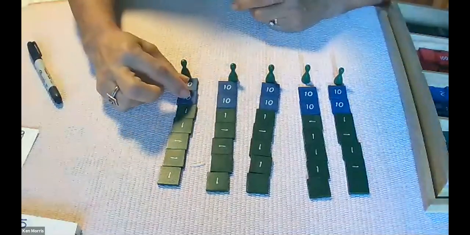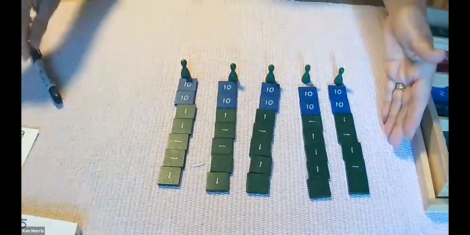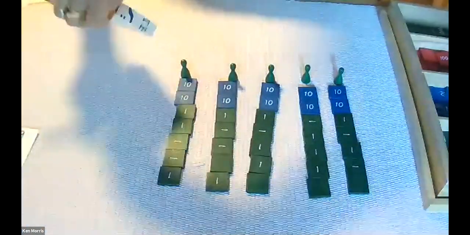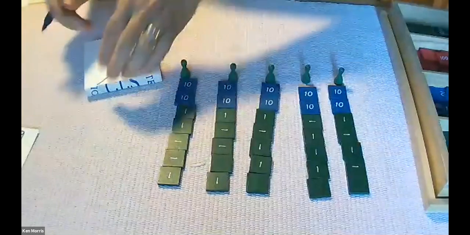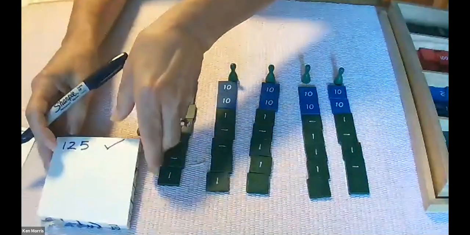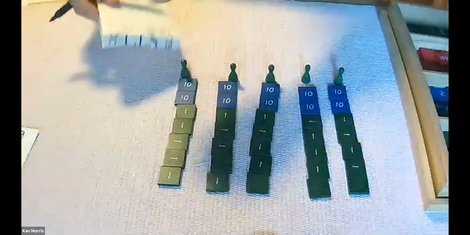Okay, little side story. All right, I have distributed my ones, and I see that 125 is in fact divisible by 5. So I'll put a check mark next to 125. I'm going to now check 126.